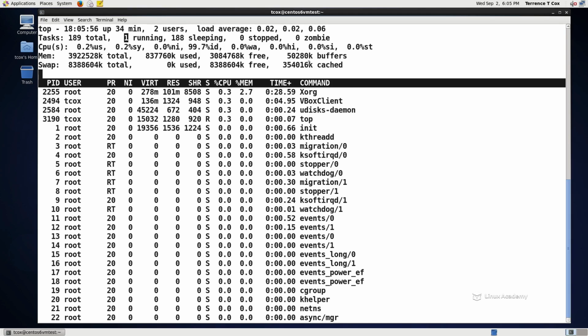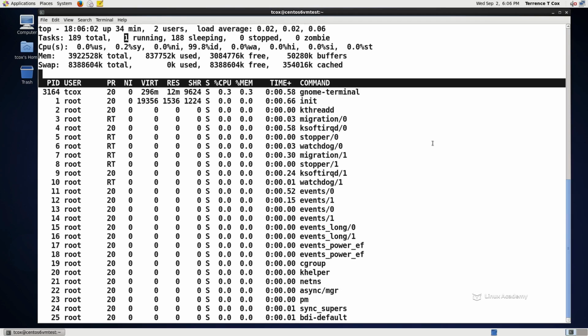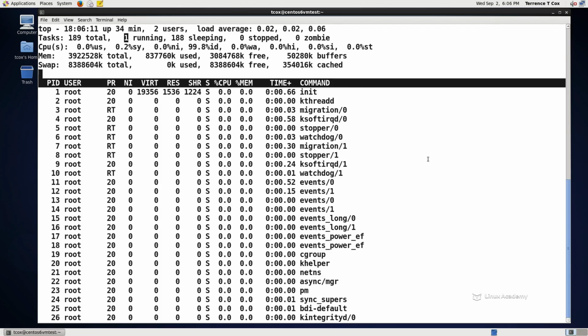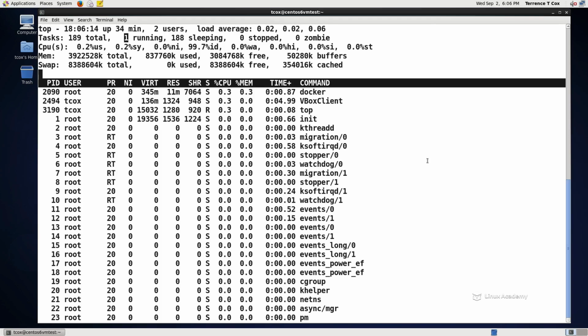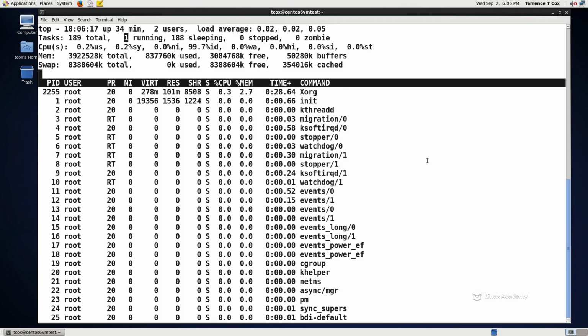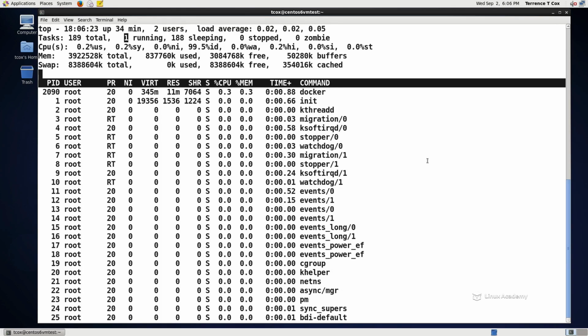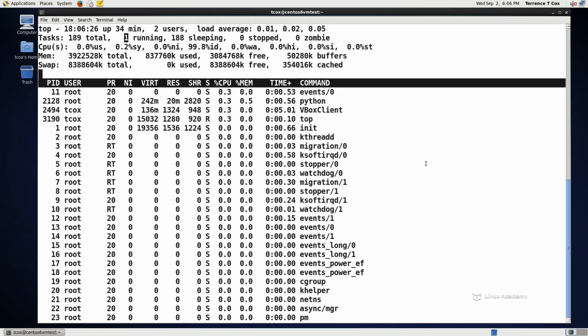Now, if I see a load average of anything above 1 and I've got one CPU, then I would be looking at things to free up CPU processing power, or I would be looking at adding resources. Conversely, if I see a load of 1 and I know that I have 4 CPUs on the system, then I'm only using really 25% of the capacity of my system in terms of what it can handle from a load perspective. So the easiest thing to do is ask: how many CPUs do I have and what is my load?